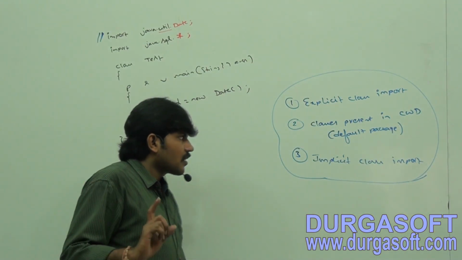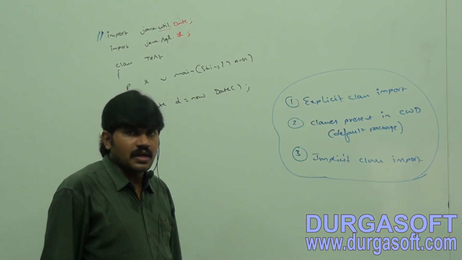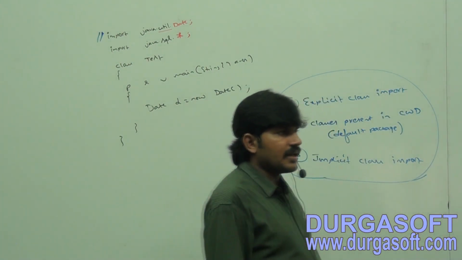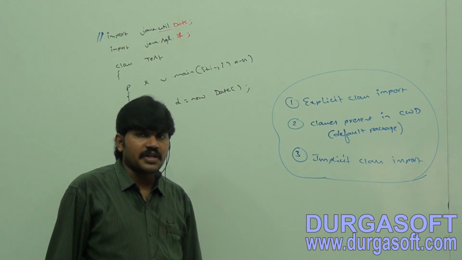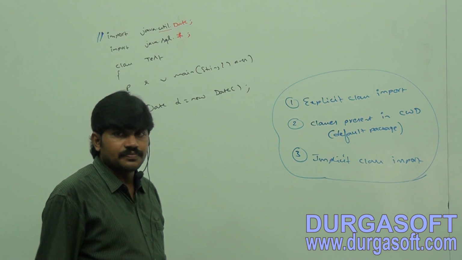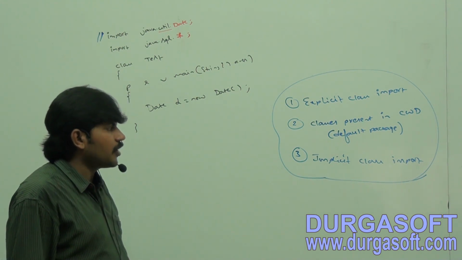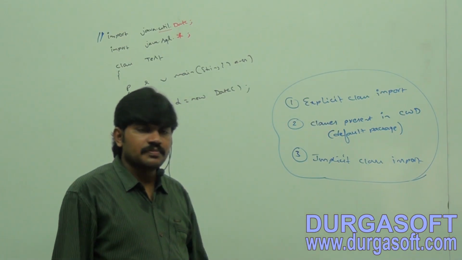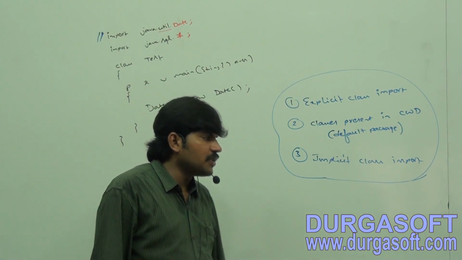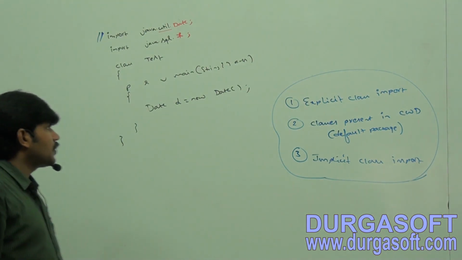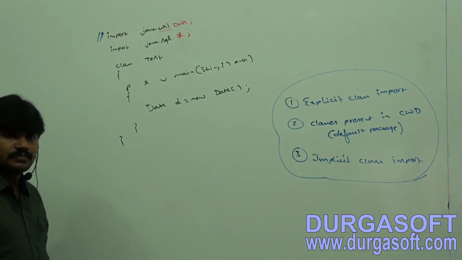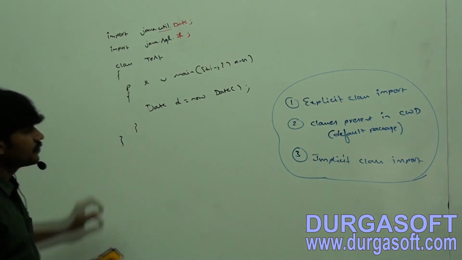Second one, classes present in current working directory, within brackets default package. Third one, implicit class import. That's all. Now take this example.